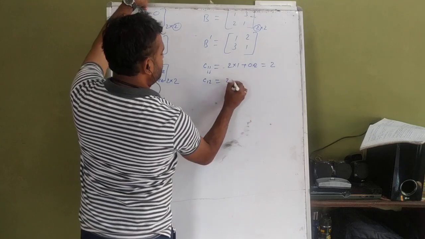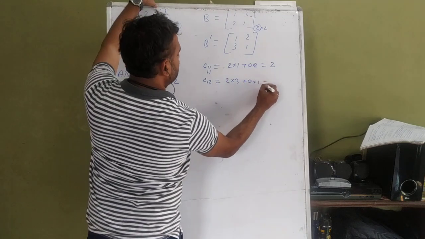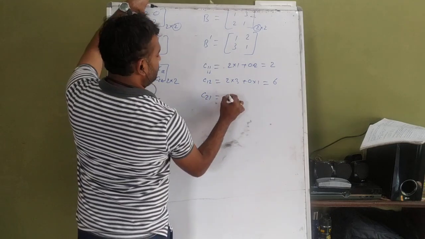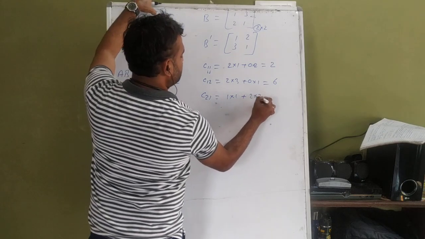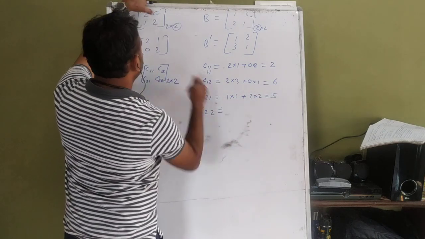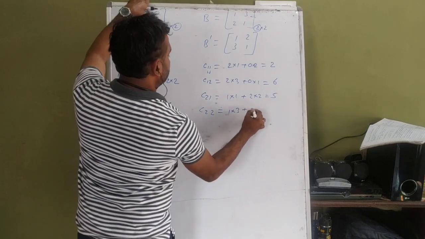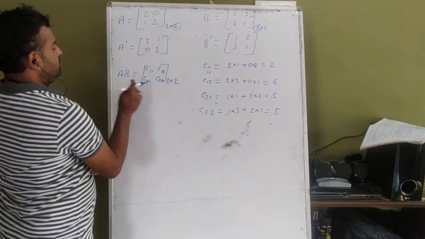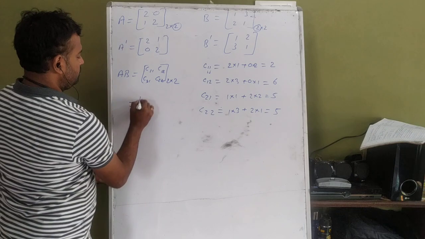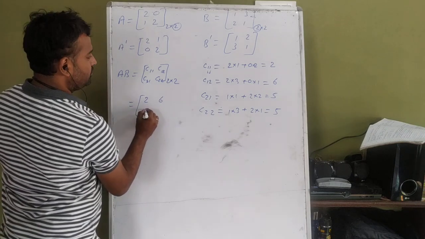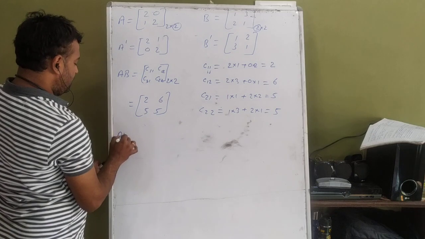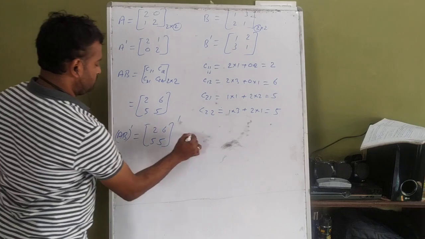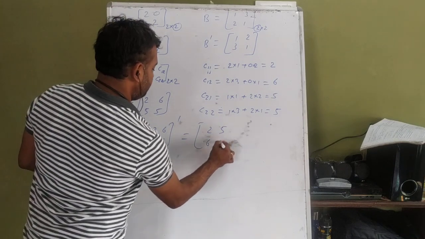C12: 2 into 3 plus 0 into 1, that is 6. C21: 1 into 1 plus 2 into 2, that is 5. C22: 1 into 3 plus 2 into 1, that is 5. It means that the product AB will be equal to [2 6; 5 5]. And (AB) transpose will be [2 6; 5 5] whole transpose, and that is [2 5; 6 5].